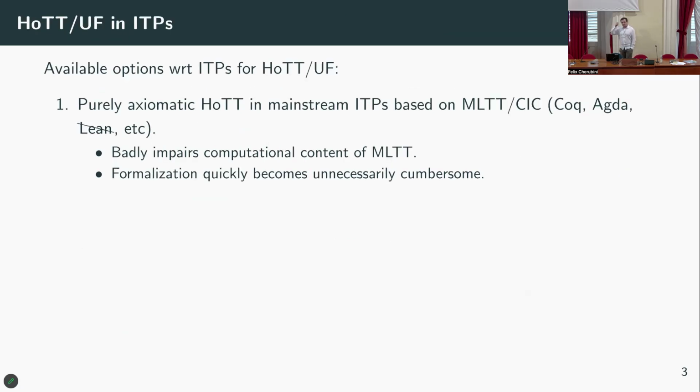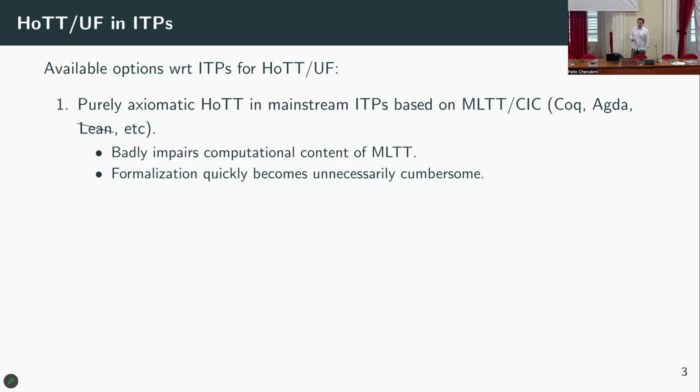So what are the available options right now for this kind of foundations? We can use a purely axiomatic approach in mainstream interactive theorem provers, like Coq or Agda. Well, not Lean, because it has some contradictory assumptions in the core of it.